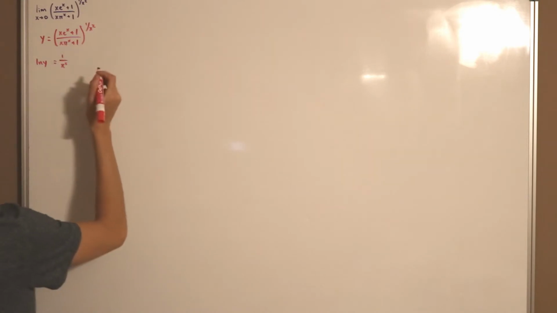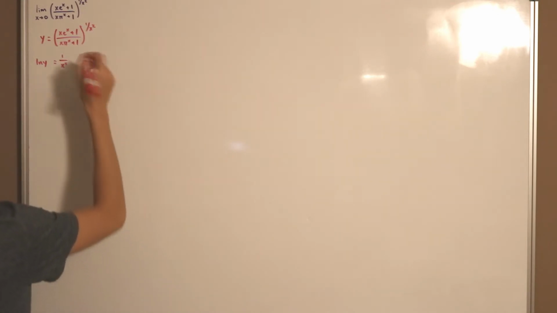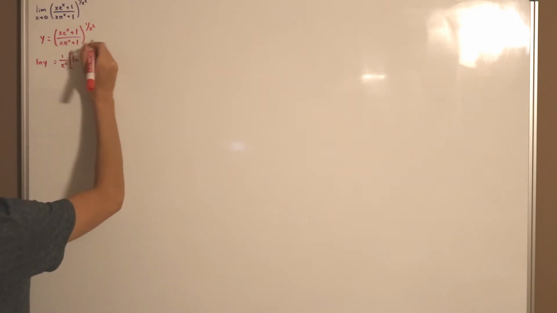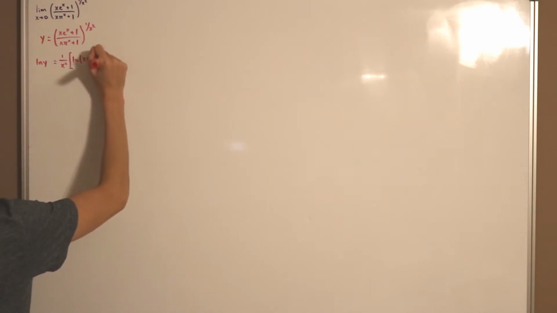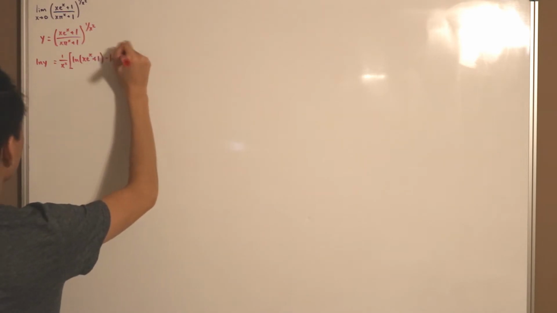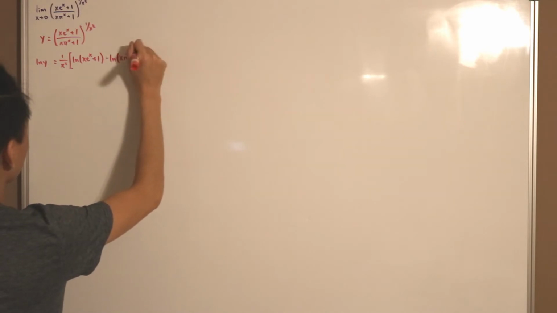And then using our natural log rules, we have the ln, I'm going to put a bracket here, of x times e to the x plus 1. And then it's under division, so we actually subtract: minus ln of x times pi to the x plus 1.